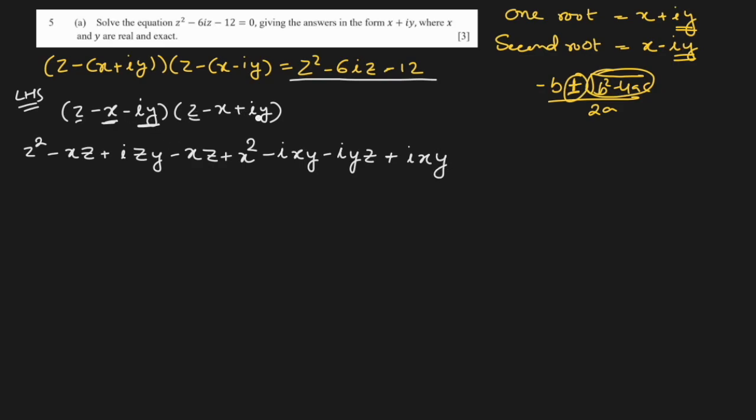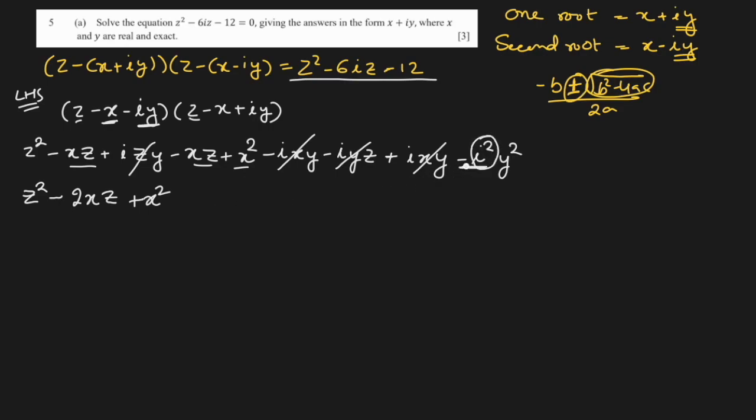Minus iy times positive iy will be minus i square y square. We can see this and this are exactly the same with opposite signs, so they cancel out. We are left with z square minus xz and minus xz, which is minus 2xz, plus x square, and then minus i square y square.